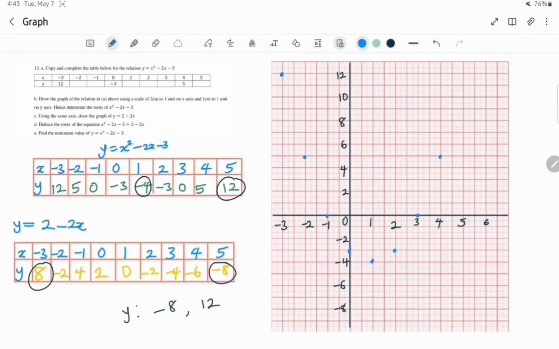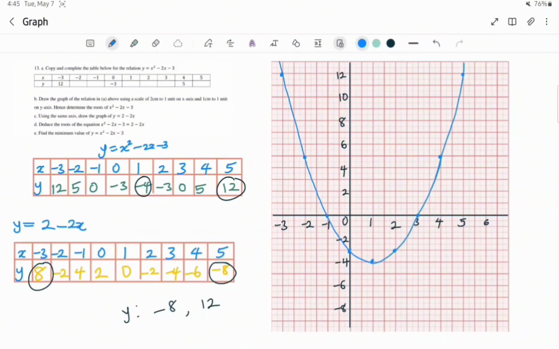Then lastly, when x is 5, y is 12. Okay, so if we trace it, this is 12. So this is the point. That means we've noted all the points for the quadratic graph. So using a French curve or the traditional broom that we use, we can connect the points.